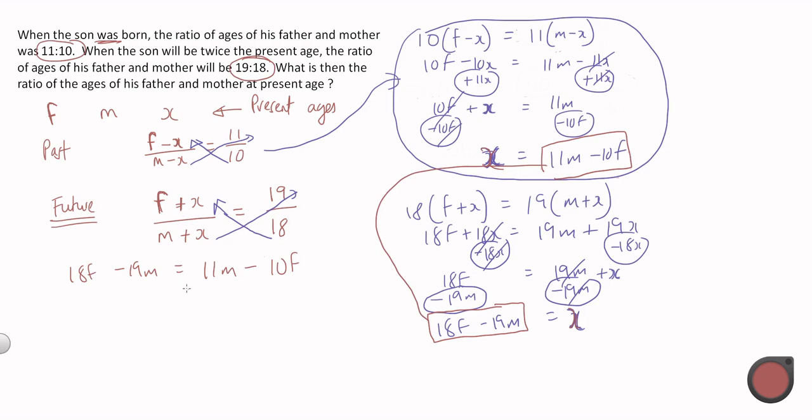So I'm going to rearrange this slightly, put all the m terms on one side, all the f terms on the other side. So get rid of this minus 10f on this side. Obviously you have to do the same thing on the other side as well. That leaves me with 28f.